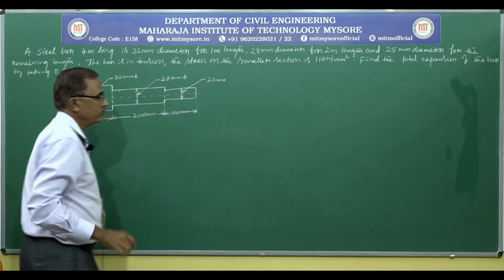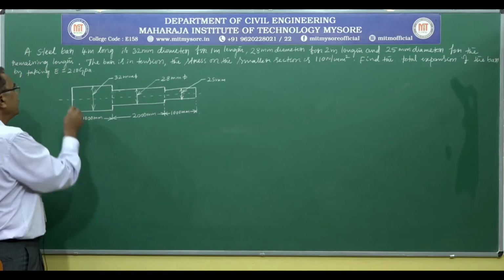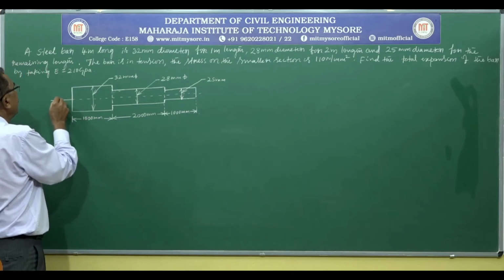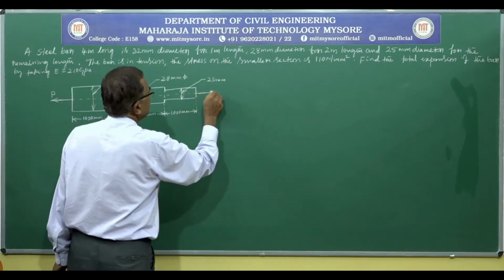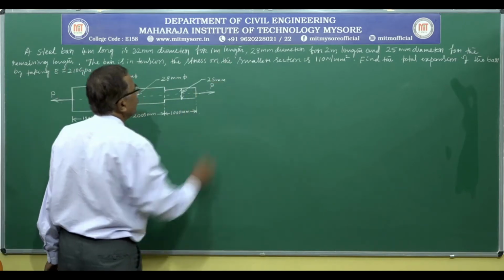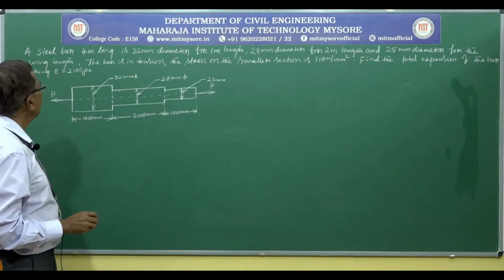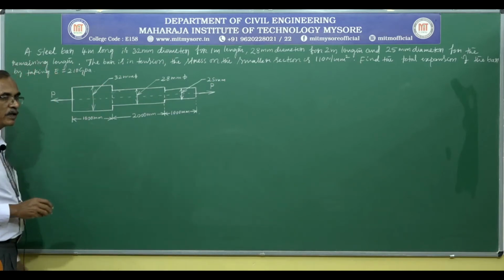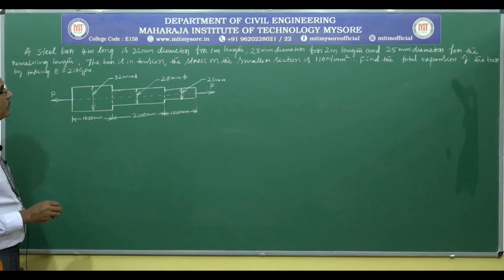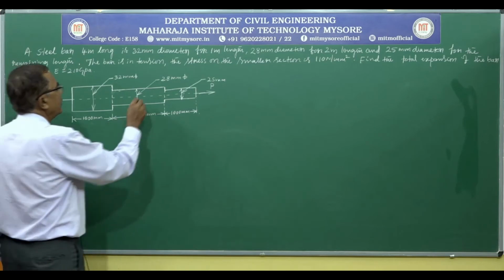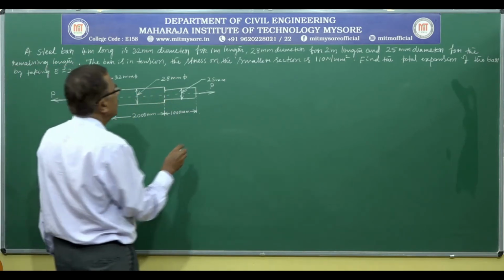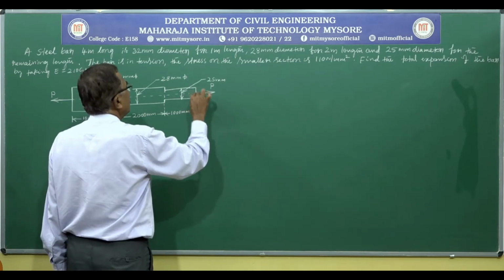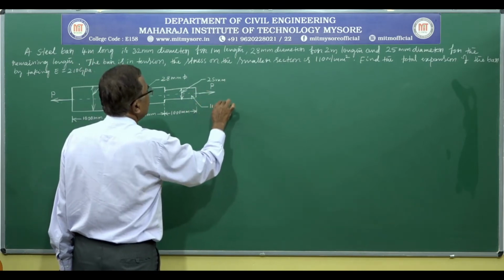The bar is in tension. Applied load is not given. Let us consider the body is subjected to an axial tensile force of P, and given Young's modulus of the bar as 210 GPa. For this, asked to find the total expansion, and also given stress in the smaller portion as 110 Newton per millimeter square.